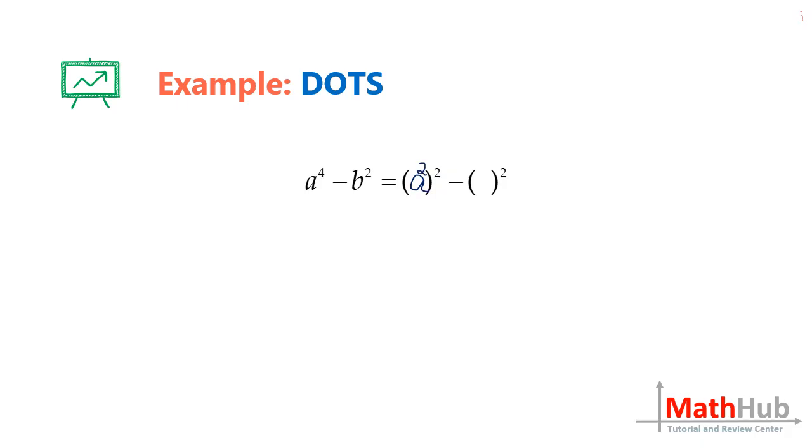And then B squared is the square of B. So I will now have the factorization: A squared minus B, my two numbers inside the parenthesis. And then for the other factor, I just turn the operation in the middle to addition. That's it. And then you look at the factors over here, you can no longer factor them. So therefore, that is the complete factor.